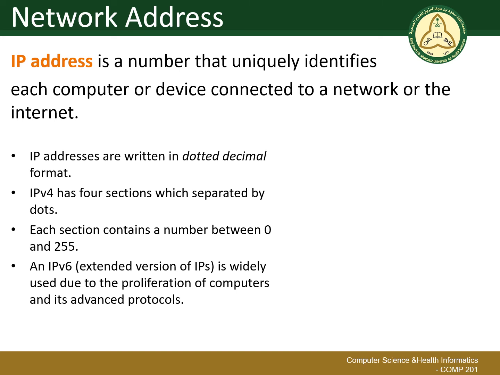And definitely IP version 4 was accommodating the network or the internet before. Then, because of the rapid increase of devices on the internet, IPv4 is not accommodating everybody, so therefore we started using IP version 6, which is accommodating more devices on the internet.